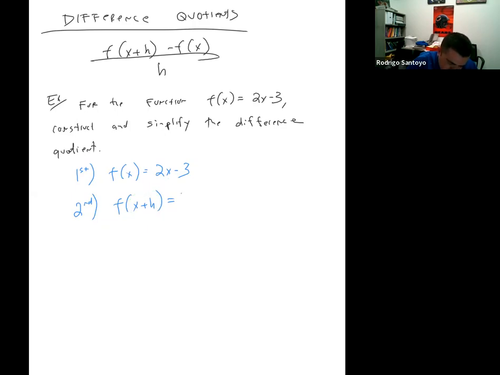So it's 2, open parentheses, x plus h, close parentheses, minus 3. And what does that equal? We distribute, we get 2x plus 2h minus 3. Make sense, everybody?